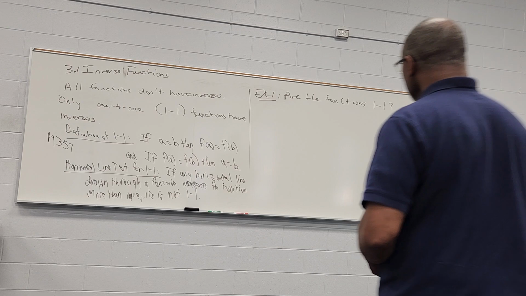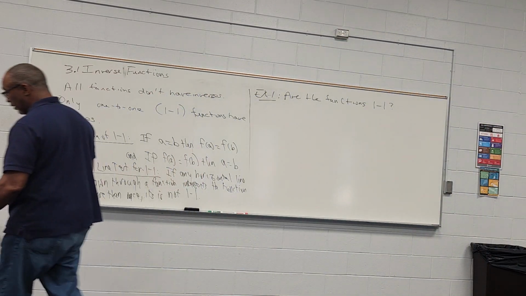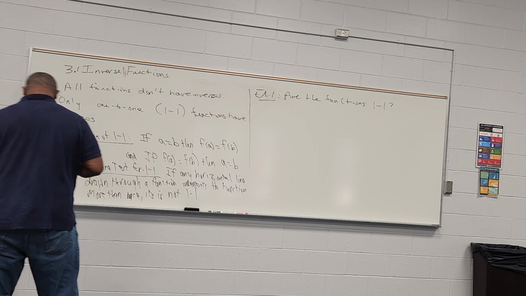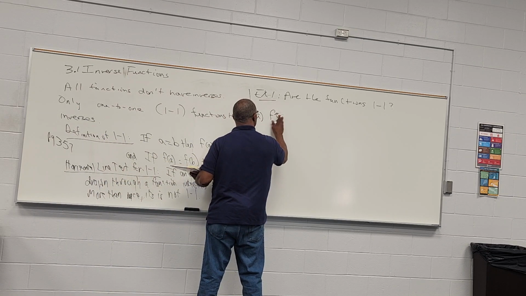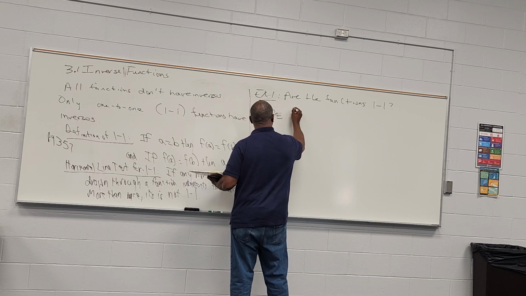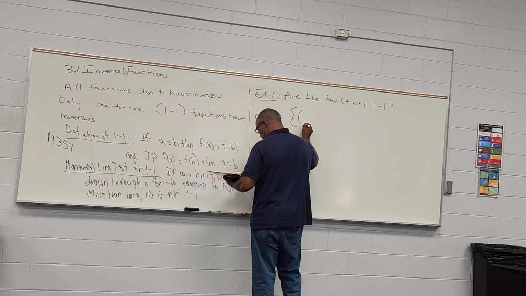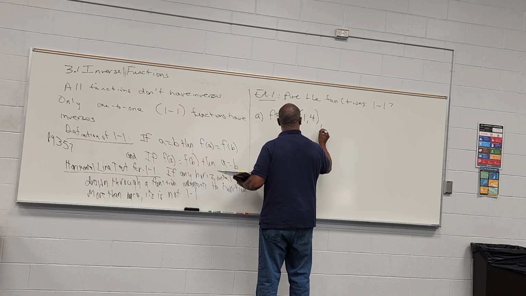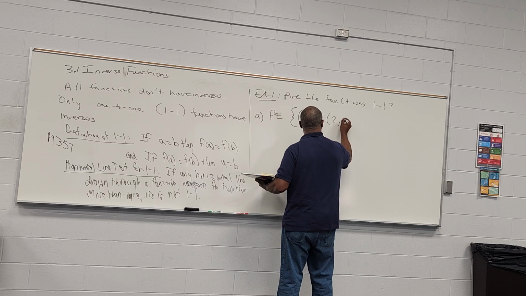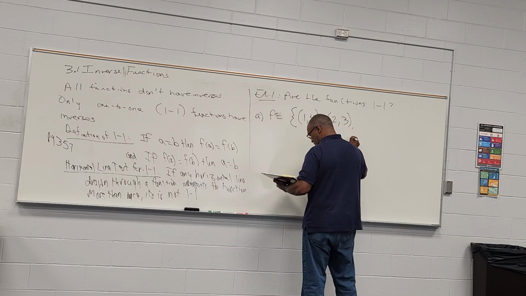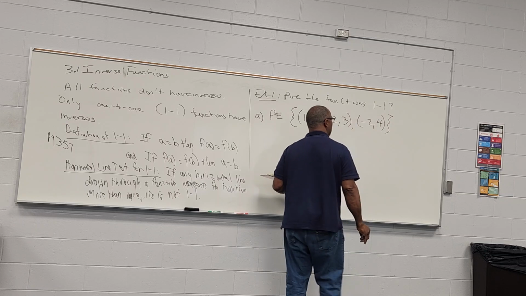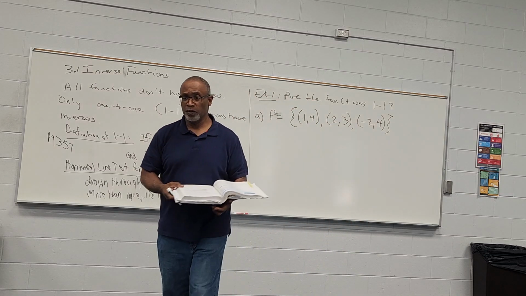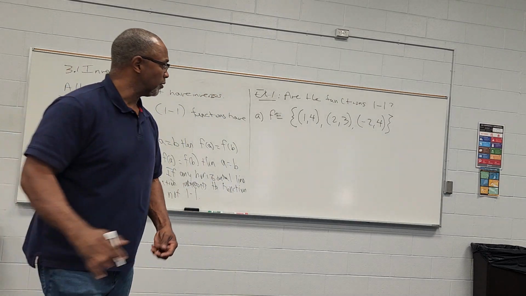Well, the first function they give me, A, F equals, so the ordered pairs are (1, 4), they give me (2, 3), and they give me (-2, 4). So that's my function. And I want to know, is this thing one-to-one?